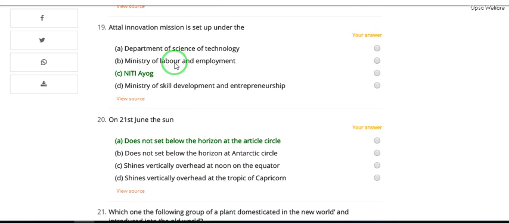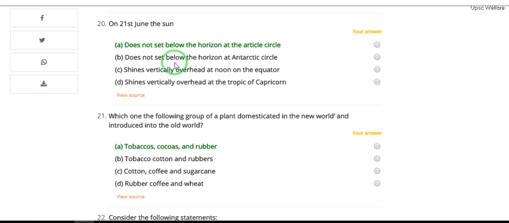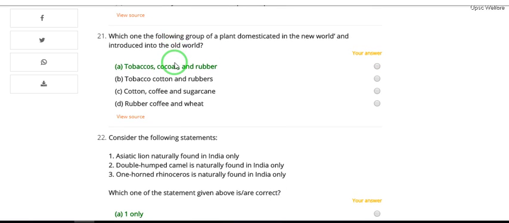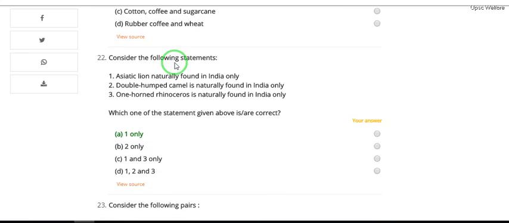Now Atal Innovation Mission, as we know, comes under NITI Aayog. Now 1st June, 21st June, the sun doesn't set below the horizon at the Arctic Circle. Now which one of the following is the group of plants domesticated in the New World and introduced into India? Tobacco, of course, coca and rubber.